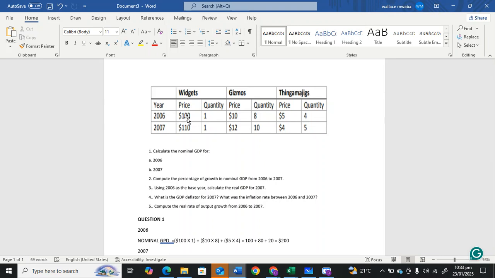If they told you you're using the prices for the base year, so if 2005 is not the base year, then you won't use its prices. I get what you're saying. If we had chosen the year 2005 and it was our base year, we would have been using its prices.